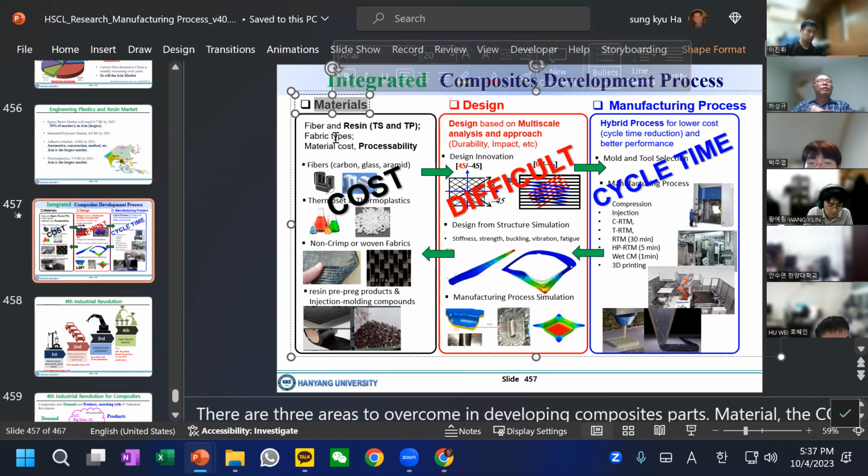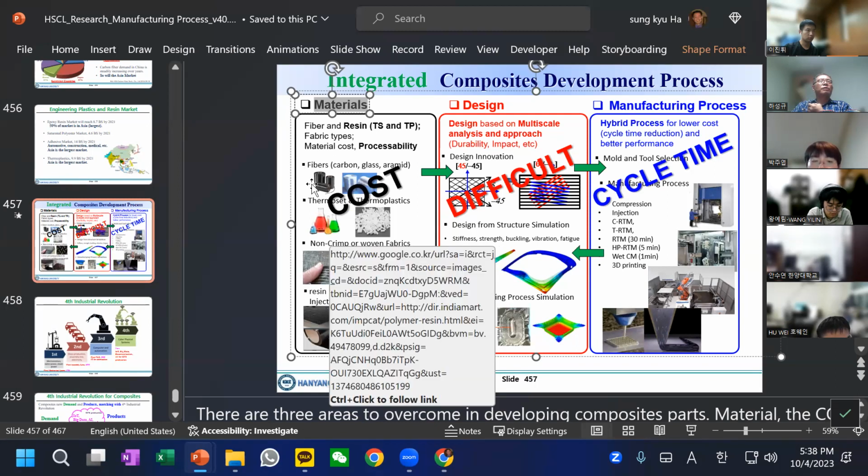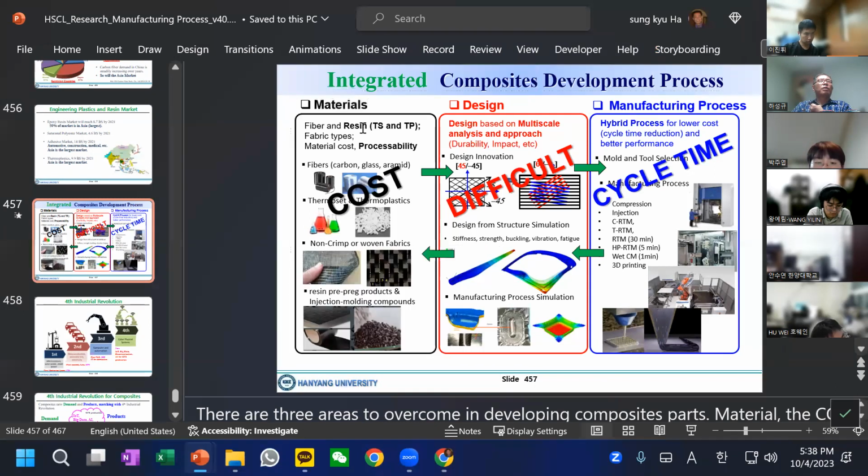Materials: fiber can be carbon and heavy tow, etc. Resin can be thermoset and thermoplastic, all kinds of raw material, I would say. And design means depending on the layup sequence and the winding patterns, and understanding of the structural behavior like buckling and natural frequency, etc.